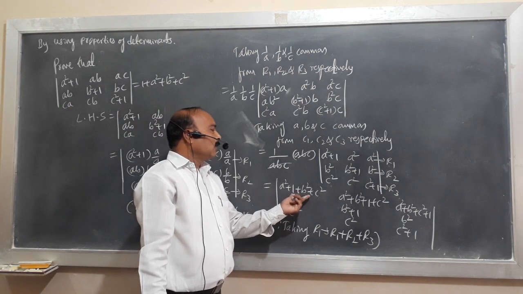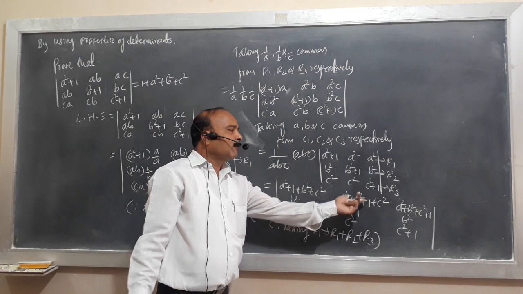Now once again you observe that 1 plus a square plus b square plus c square is common in the first row.